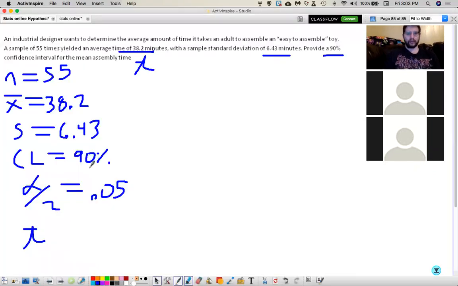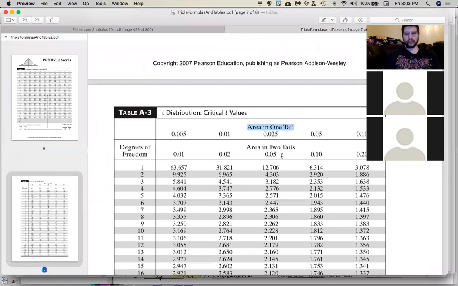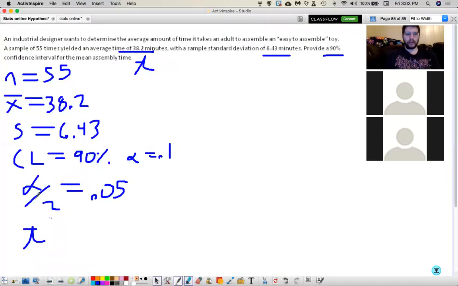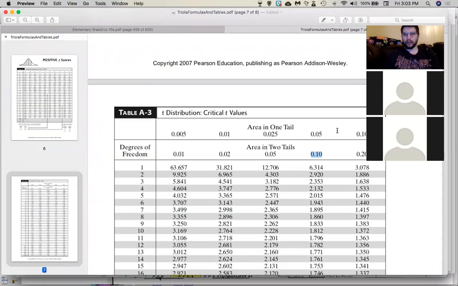You can either look up alpha, which would be 0.1, in the 2 tail section, because it's a confidence interval. We got both ways we're going. Or you can look up alpha over 2 in the 1 tail section. Oh, hey, look, it's the same spot. So either way you do it, it's fine. It's still going to give you this column. Just don't look up alpha over 2 in the 2 tail section, because that's a different thing.